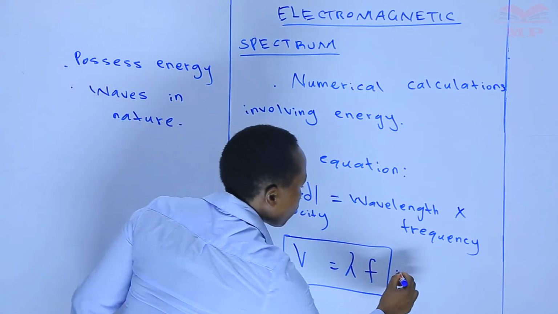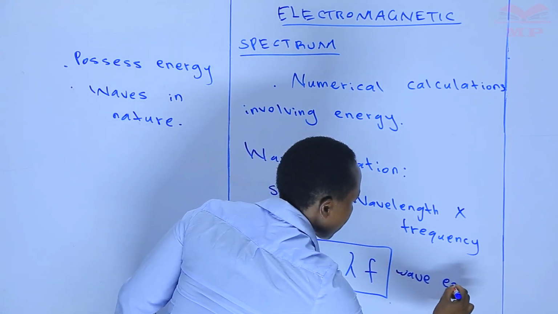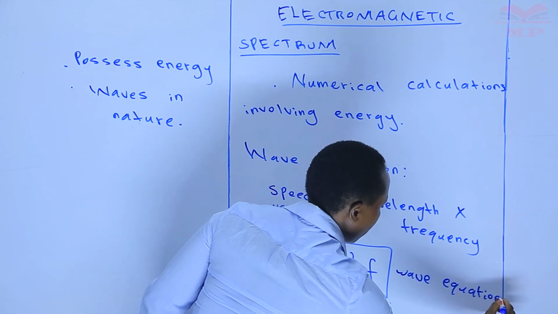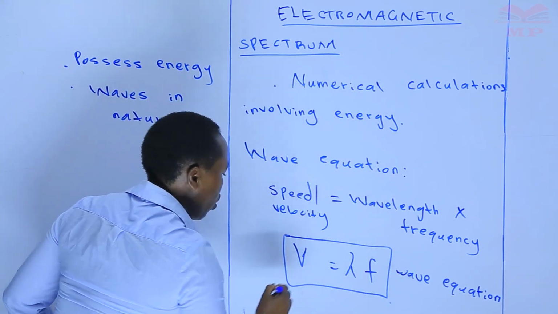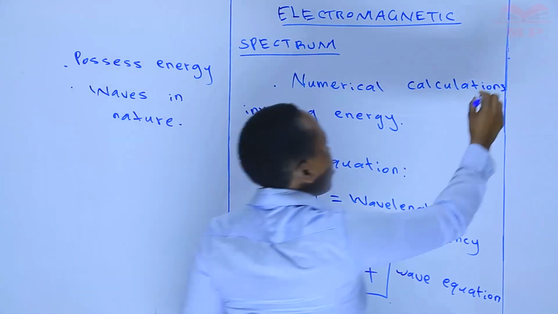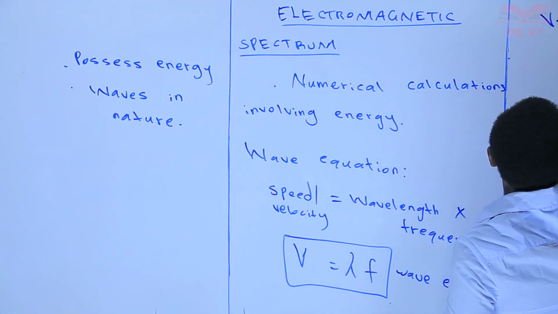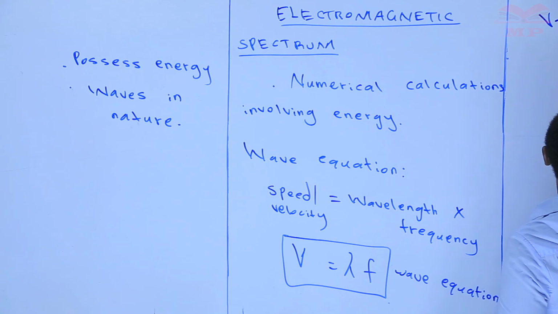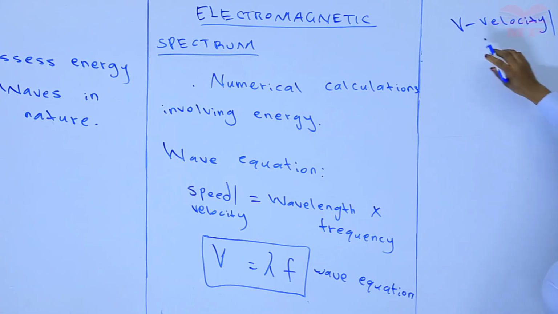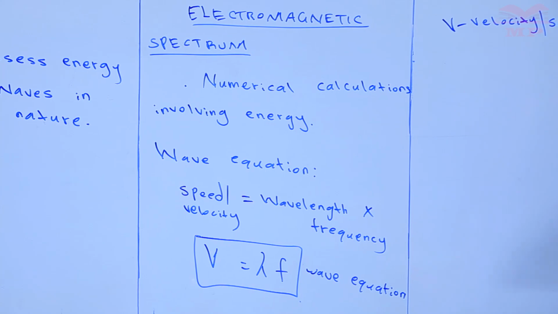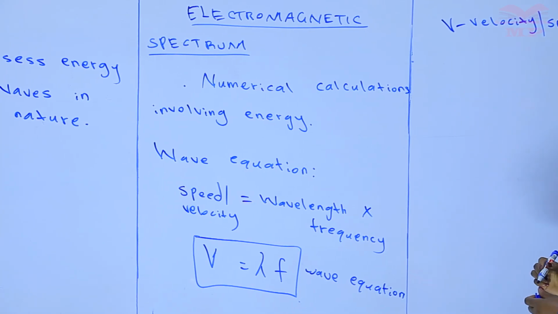And this is simply what we refer to as the wave equation, where V is the velocity or simply the speed of the wave, and the units for velocity are meters per second.